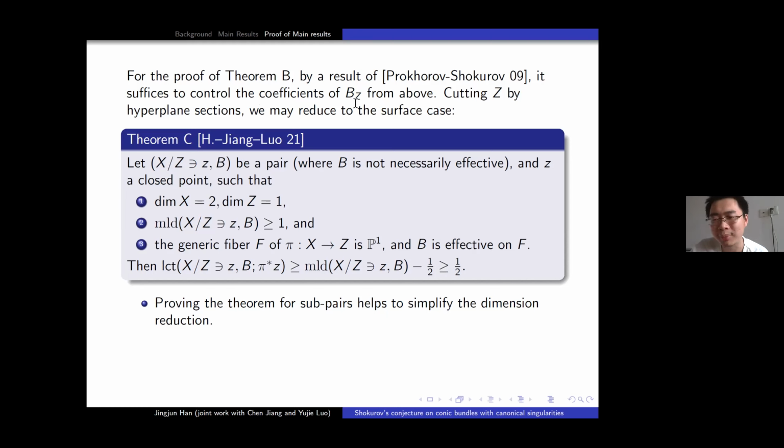Then on some high model we may extract this prime divisor. And since M_Z prime is semi-ample, this means that if the singularity is bad, then the coefficient of B_Z prime is very large. So in order to show this conjecture, we only need to control the coefficient of B_Z on any high model of Z in the canonical bundle formula.